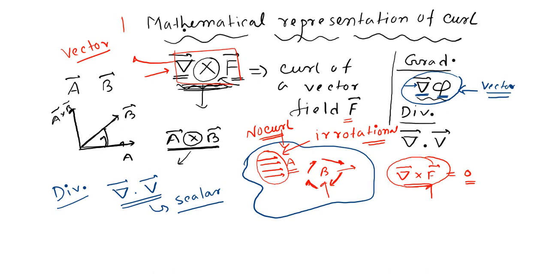So now let's find out how to solve this, because we cannot see through our eyes or any instrument whether there is any rotation of this vector field or not. But through the mathematical calculation of the curl, we can find out whether there is any rotation of that vector field at a particular point.